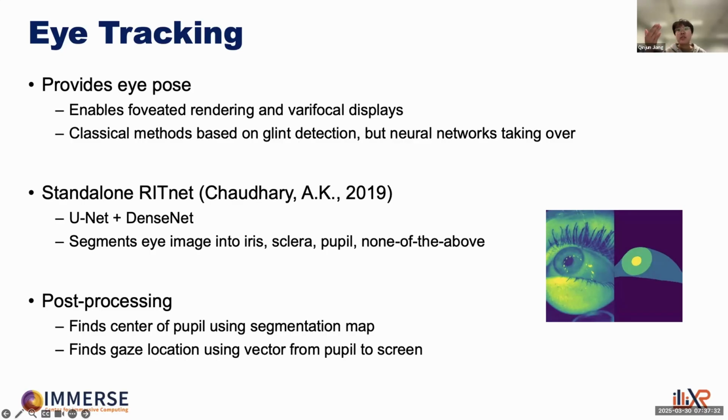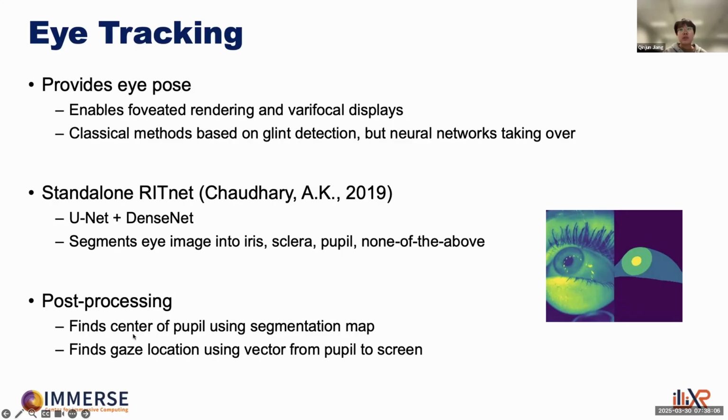But these days, neural networks really are taking over in this field, as they do in many other fields. In this case, the neural networks actually give pretty good performance, even with a relatively small network size and relatively cheap computation. In ILLIXR, we have standalone support for RITNet, which segments an eye image, like in the figure, into iris, sclera, pupil, and other areas.